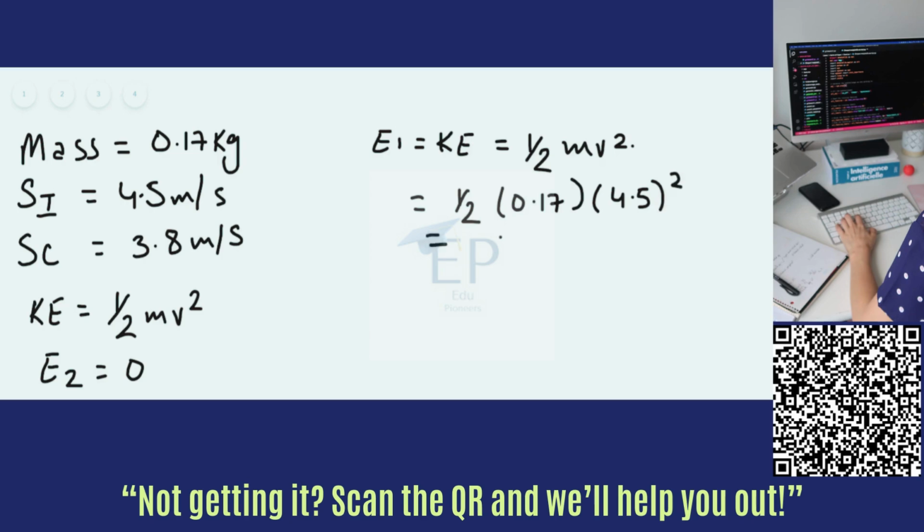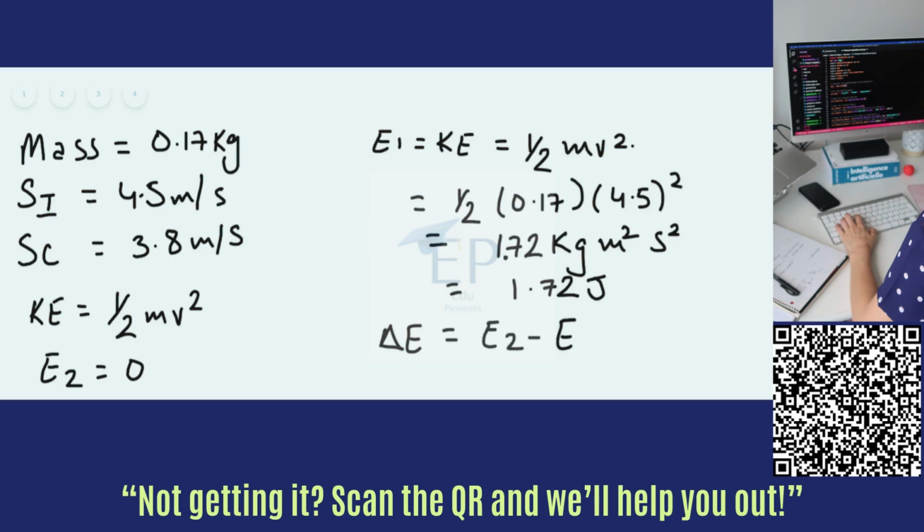We have E1 equal to 1.72 kilogram meter square second square, and E1 is equal to 1.72 joules.